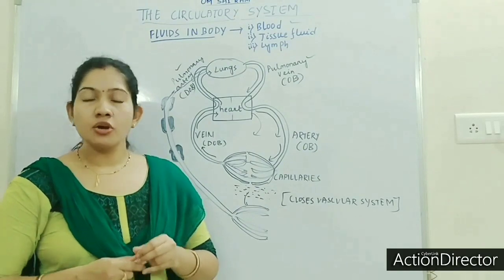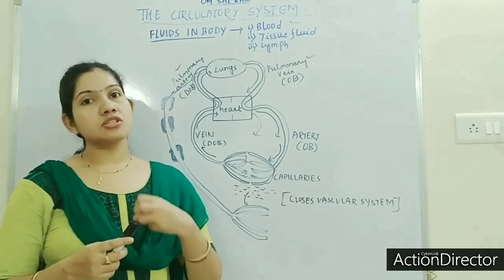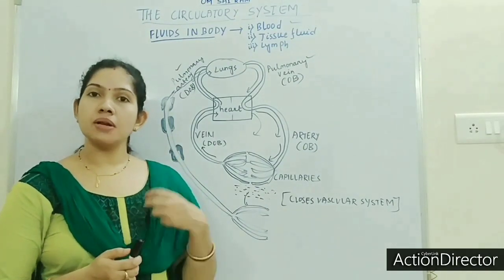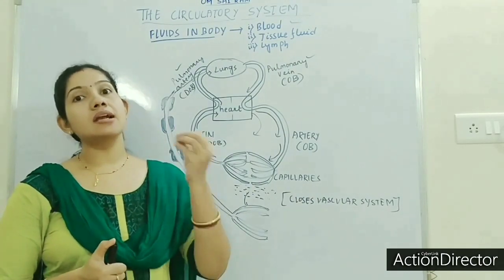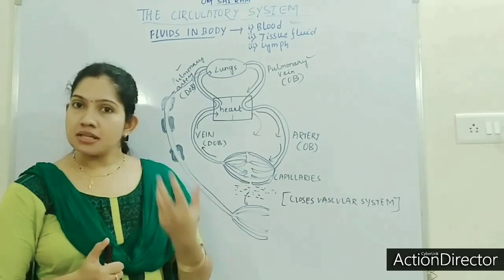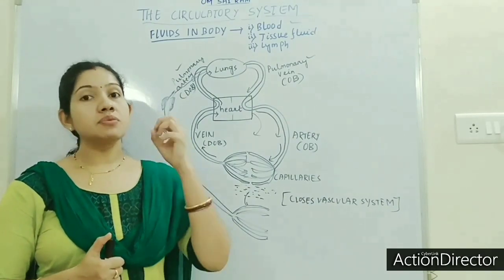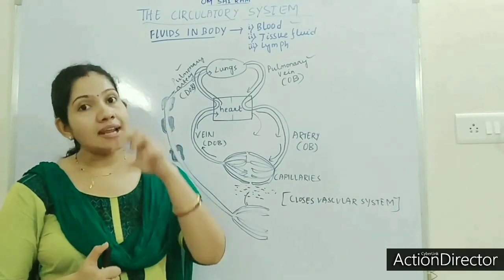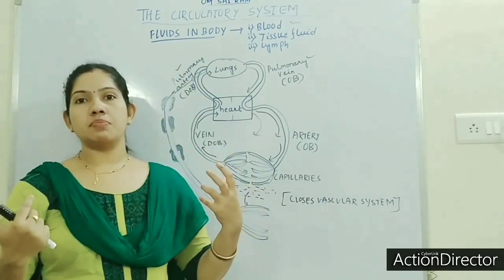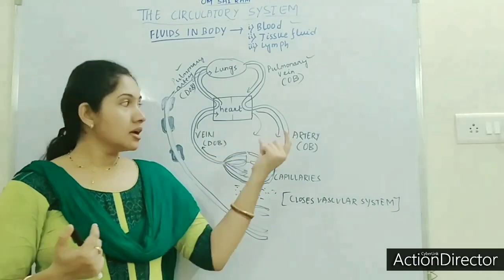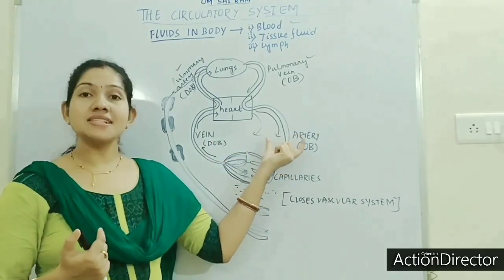So we humans have a closed vascular system, as in our body blood and lymph flow inside the blood vessel and lymph vessel. But in some insects, when the heart pumps blood to the body, it directly pumps blood to all body parts.